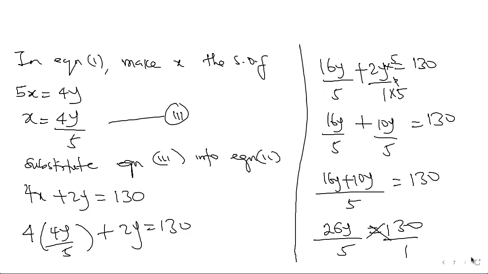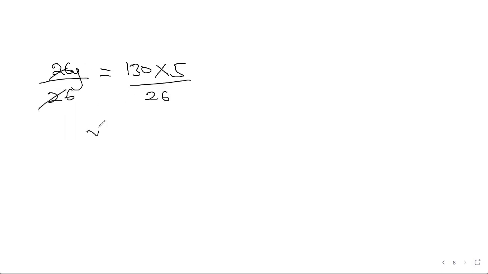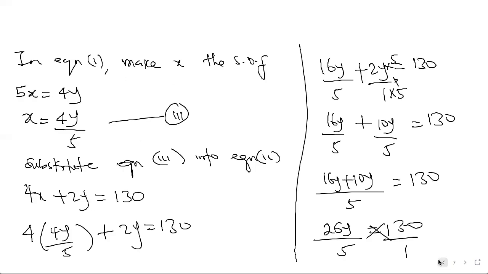I can cross multiply. 26y should be equal to 130 times 5. So 130 times 5 divided by 26. 130 times 5 is 650, divided by 26 is 25. So it means that y is 25.